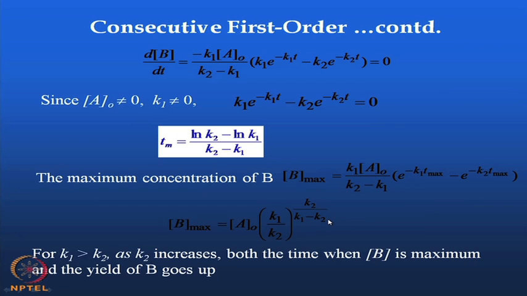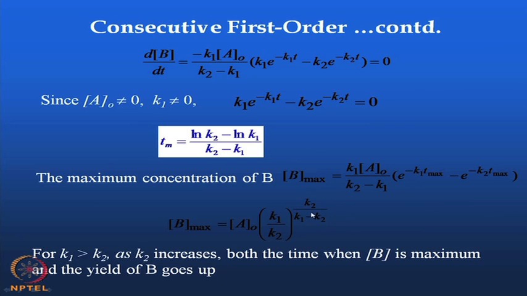This way you should be able to find out the maximum concentration of B. So, for K1 greater than K2, as K2 increases, what will happen? If K2 increases, this increases, and this also increases.